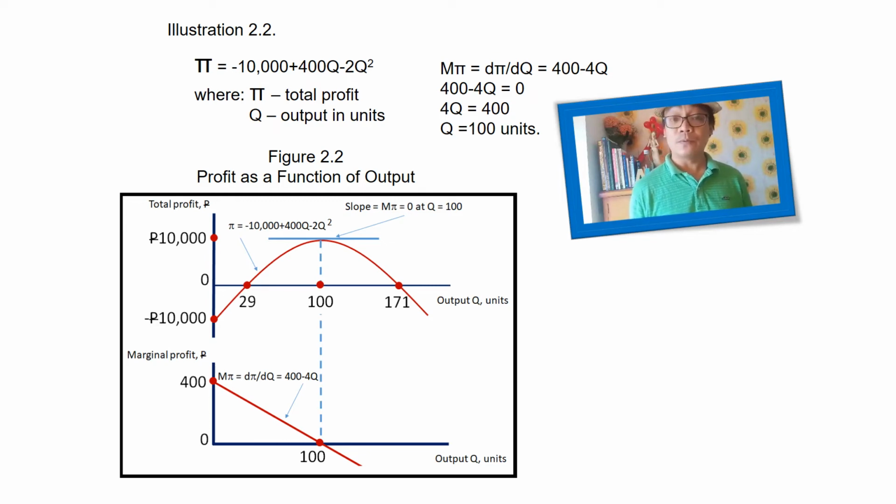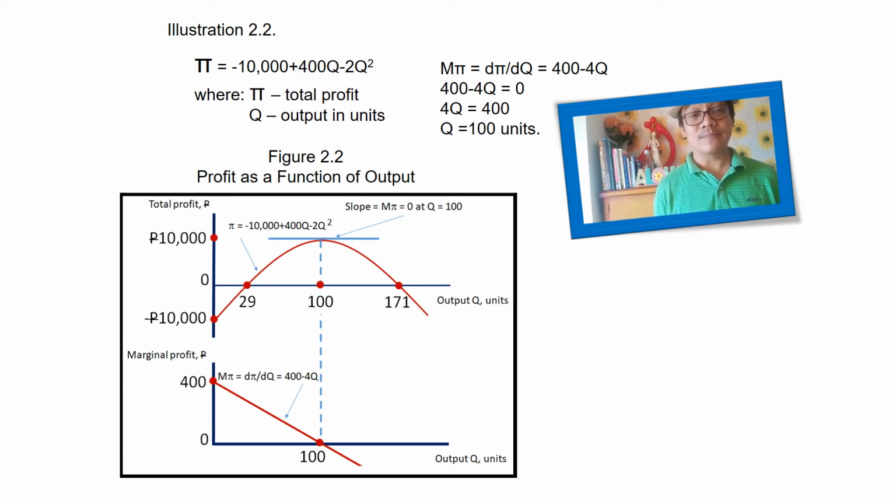But as output rises, profit also rises. Break-even points are output levels where profit is 0 and are reached at 29 and 171 units of output. Profit rises as output expands to 100 units of output where profit is maximized at 10,000 pesos and declines thereafter.